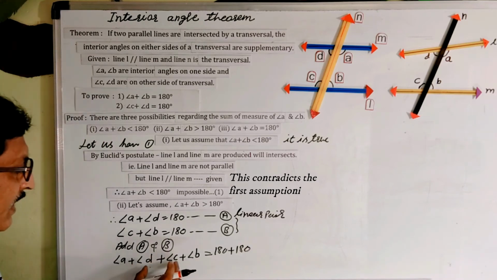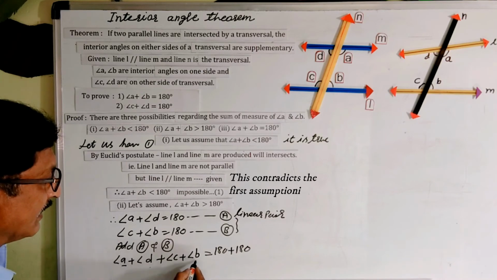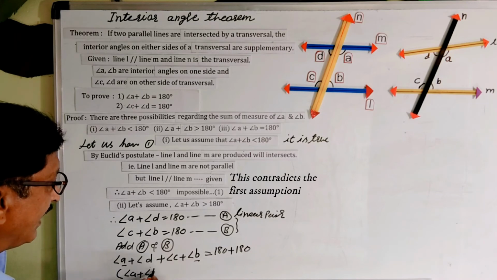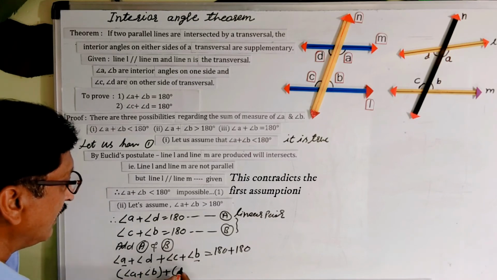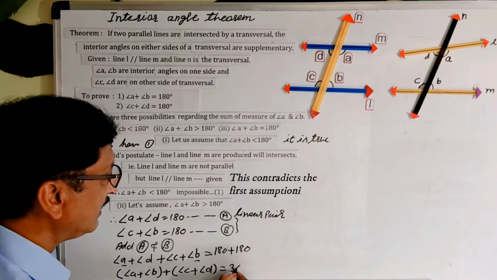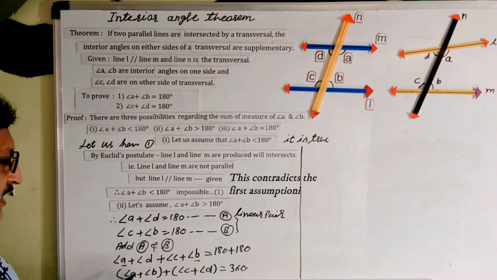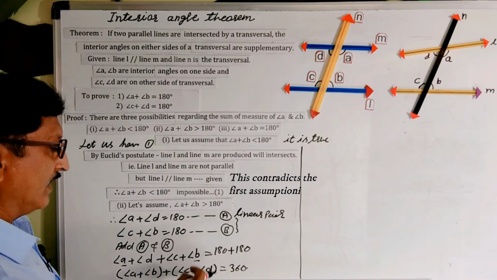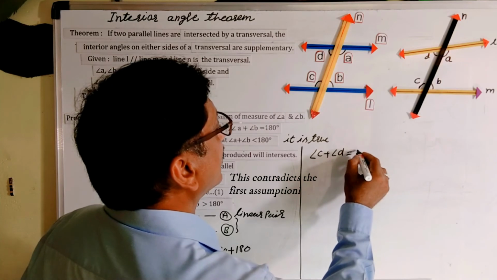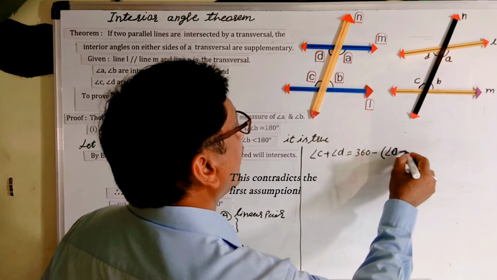Now we have to make the pairs of A plus B and C plus D. So the first pair is, in brackets, angle A plus angle B, plus angle C plus angle D, equals 360. Now transfer A plus B to the right hand side, therefore angle C plus angle D equals 360 minus angle A plus angle B.